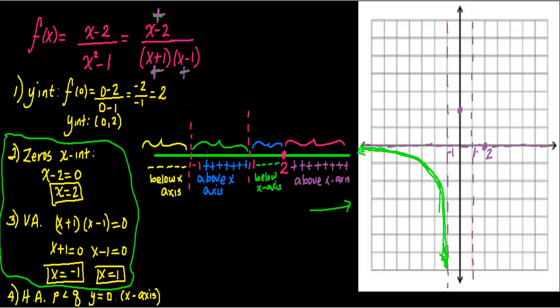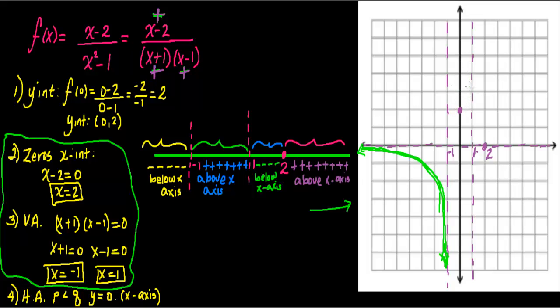We say that in between the two walls, the graph is above the x-axis. That means I'm up here in between these two walls. Notice that in between the two walls, the graph will cross the y-axis at the y-intercept. So that can only mean one thing.